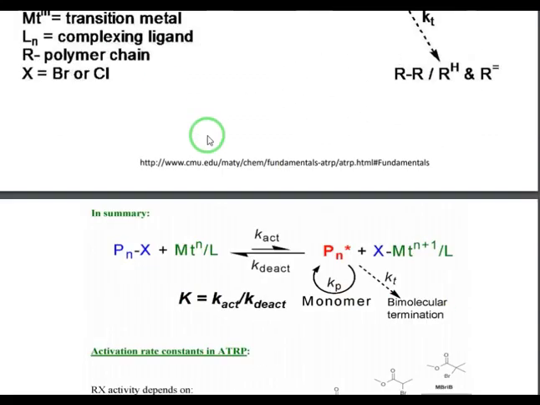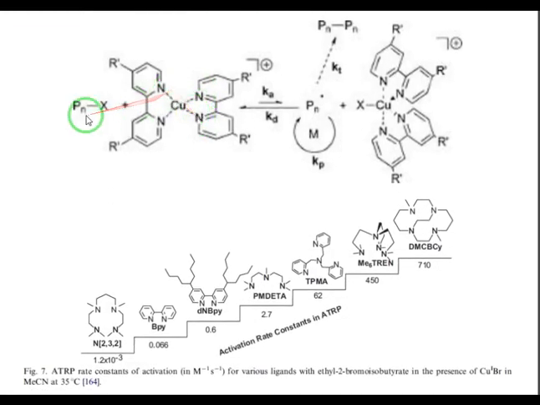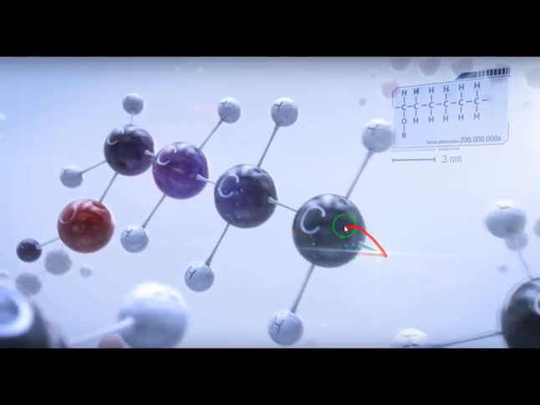The idea behind that is to use a halogen which is connected at the end of our polymer chain. You see here the halogen is connected to the end. Just imagine a halogen that is connected here. This is the one that is going to control the polymerization process.